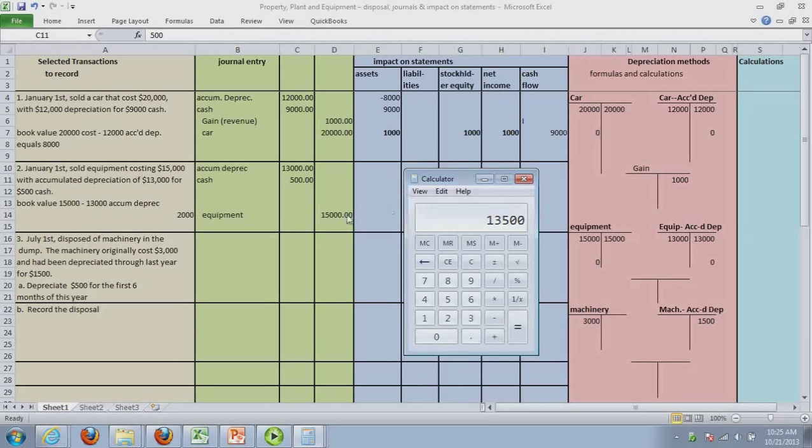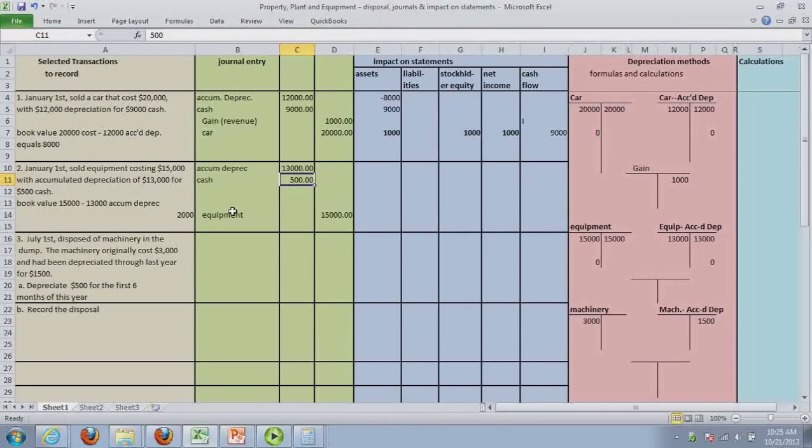Credit side, we have 15. So that's $1,500 difference. And if we look at the book value, we can see what? The book value is $2,000, and we're receiving something that's on the books for $500. So we're giving up an asset of $2,000, receiving an asset of $500. So this time we're worse off. And you can see we need it on the debit side to make this balance.